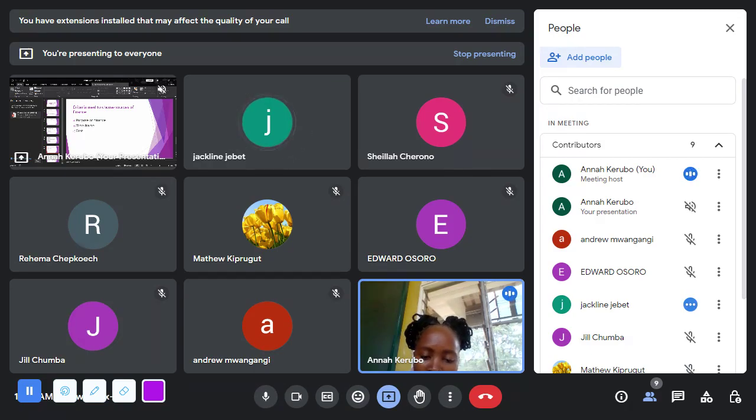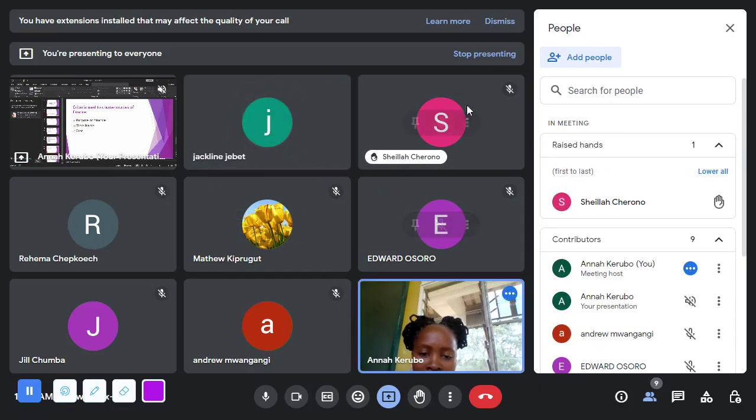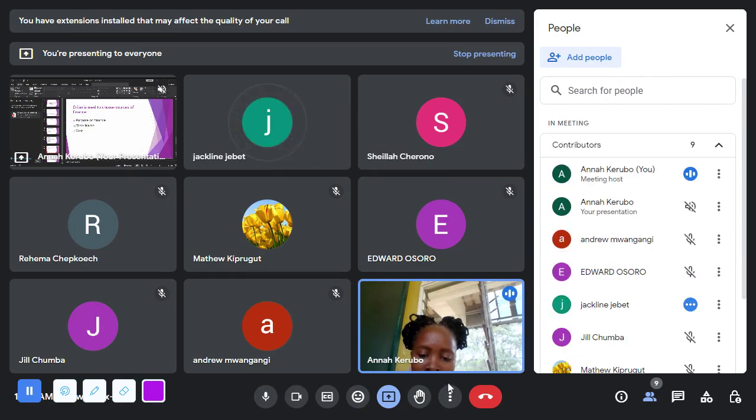The next point, time frame. Sheila, are you there? It seems she is not in class. So for time frame, we look at the time period for which that specific source of finance will be repaid.